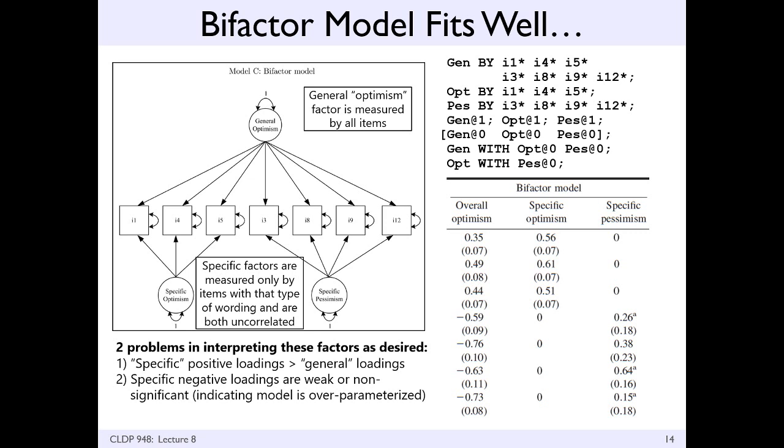One is the thing you think you're measuring, that you intended to measure, and something else that you didn't intend, but you nevertheless is relevant. So the way that this model handles the fact that items that are written the same way, positive or negative, are more correlated than expected is by introducing these specific factors down here. So this type of structure goes by a lot of different names.